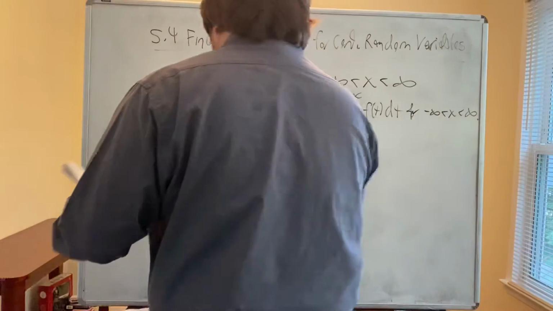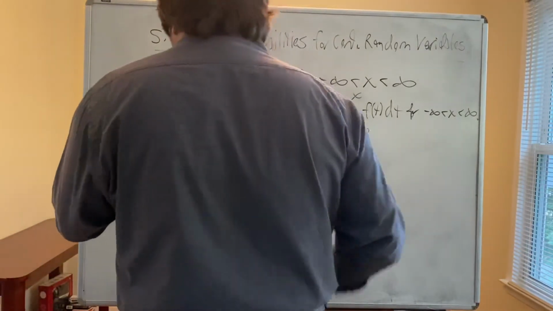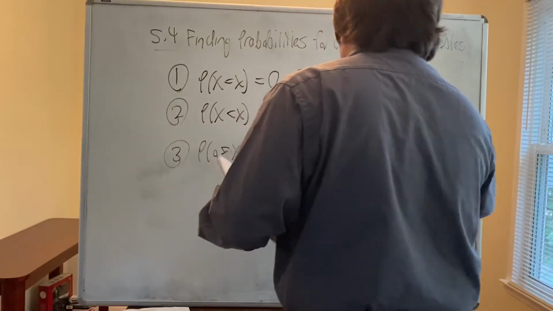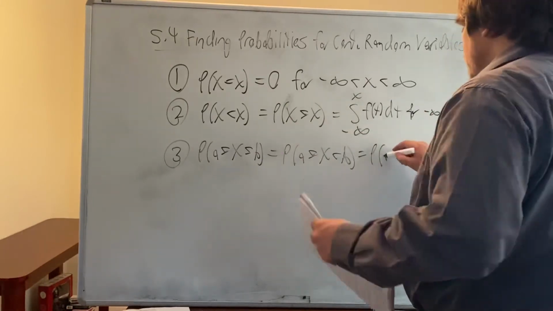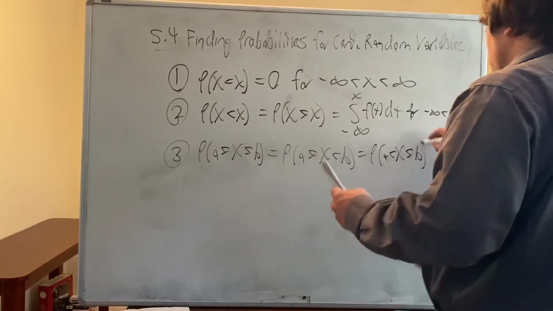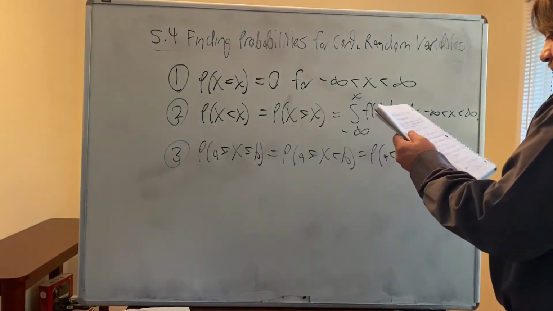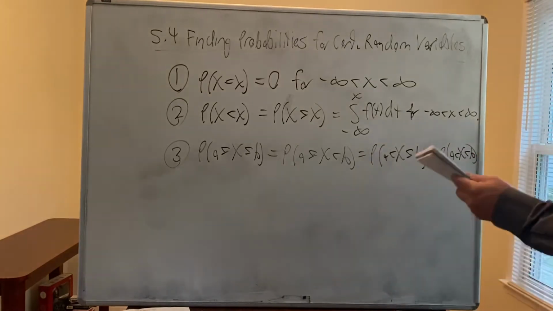Okay, so 3, probability that a is less than or equal to x less than or equal to b. That's equal to the probability that a is less than or equal to x strictly less than b. That's equal to the probability that a is less than x less than or equal to b. That's equal to the probability that a is less than x less than b.